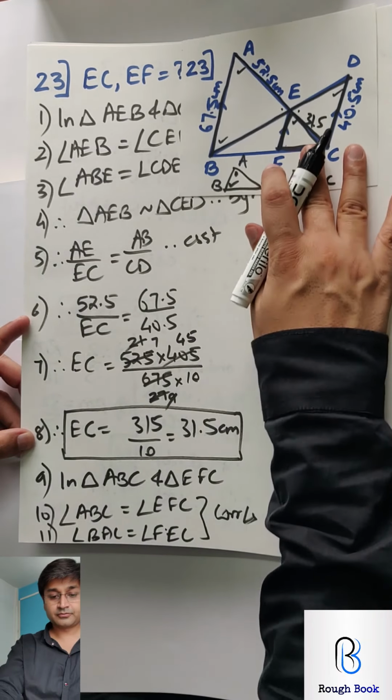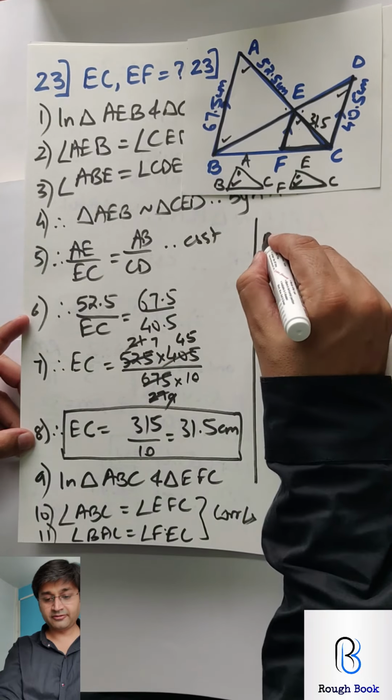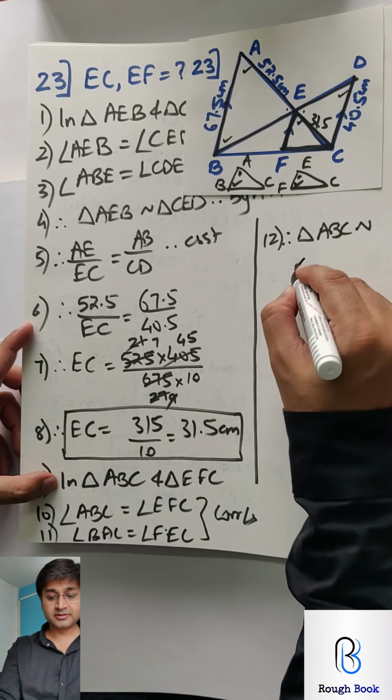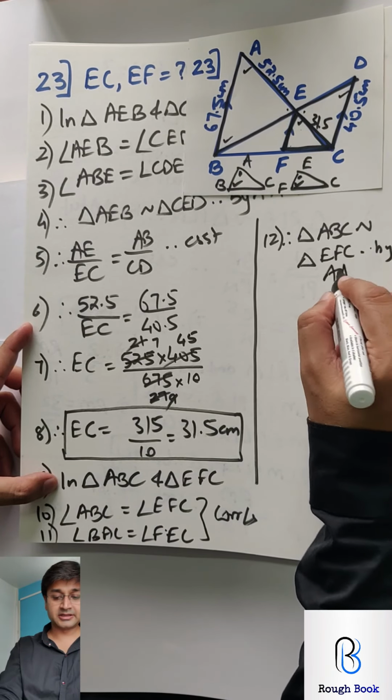And therefore the next step that I can write is step 12: triangle ABC is similar to triangle EFC by AA test.